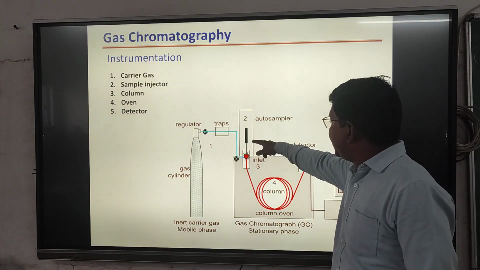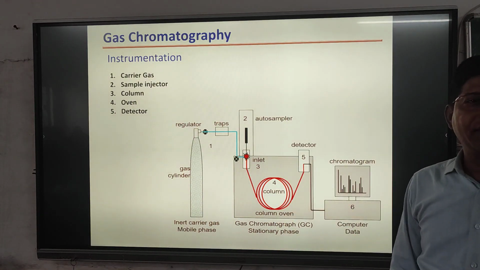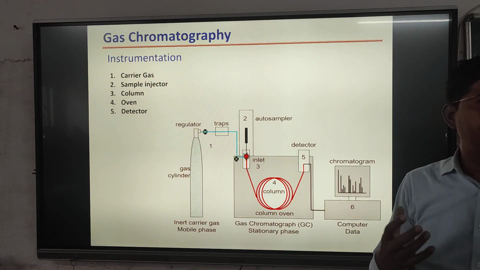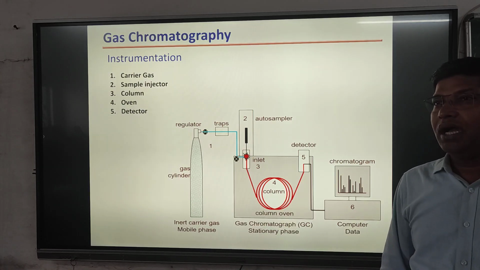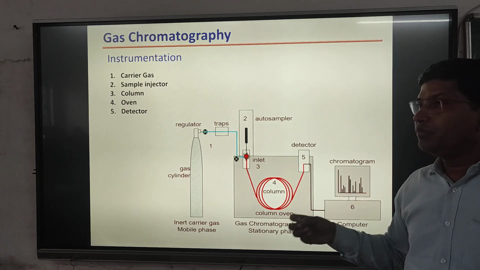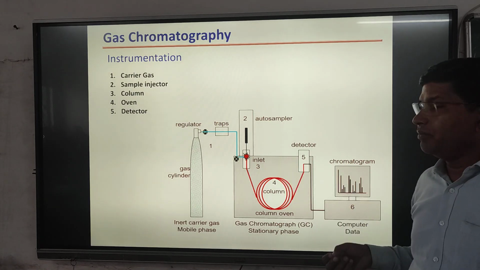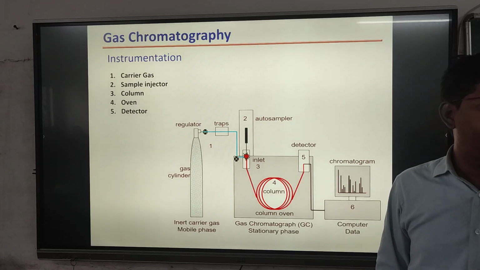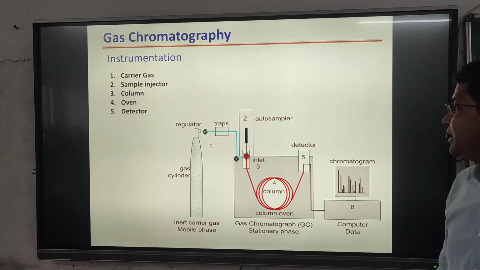In the sample injector we inject our sample in liquid form. If you have a solid sample, such as a solid organic compound like pesticides, most pesticide standards are in solid form, so we have to dissolve them in an appropriate organic solvent like methanol, ethanol or acetone.